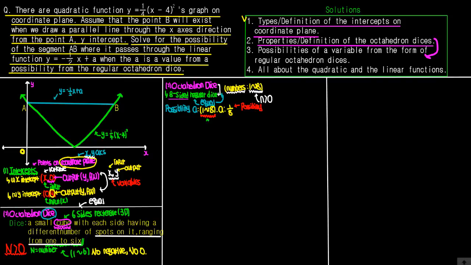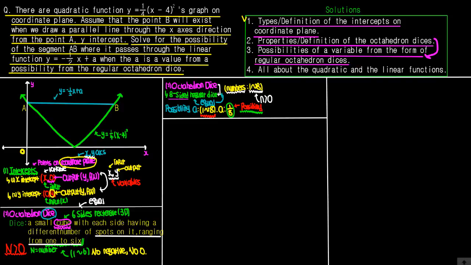From 1 to 8 there are a total of 8 numbers, and one of them will be chosen, so our probability for the A value, which occurs from the octenary dice whose sides are equal and regular, will be 1 over 8. What we did here is also a property and definition of the octenary dice, as well as the probability of A, which is a variable from the regular octenary dice.